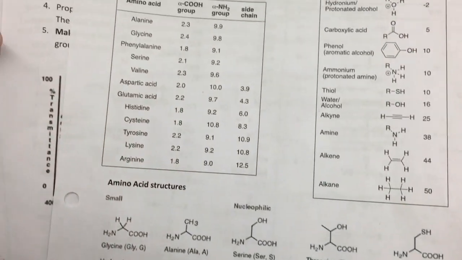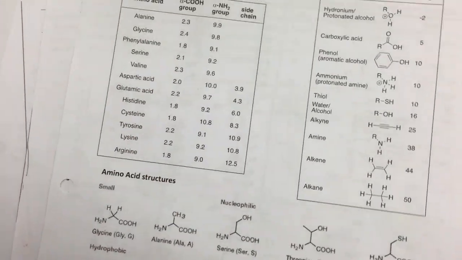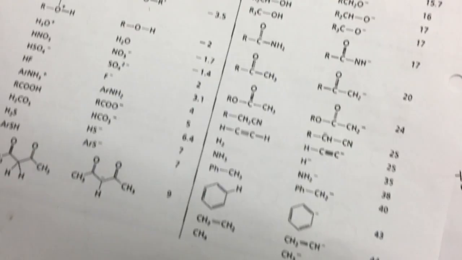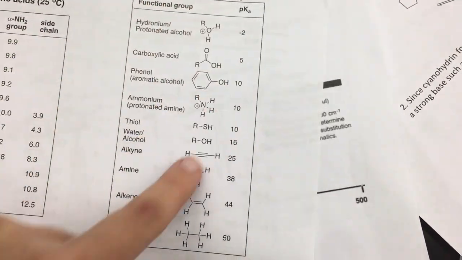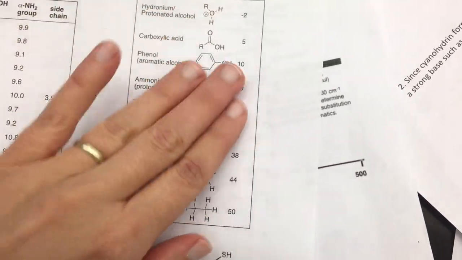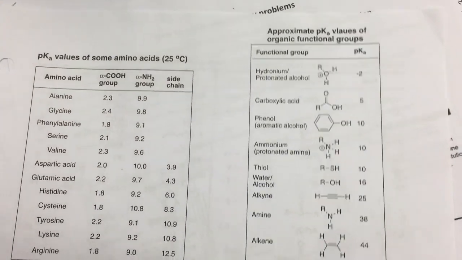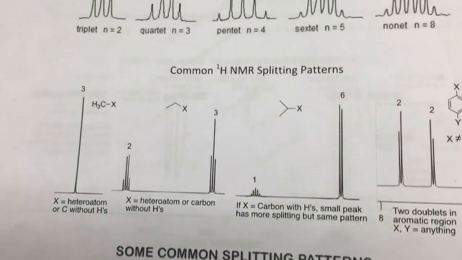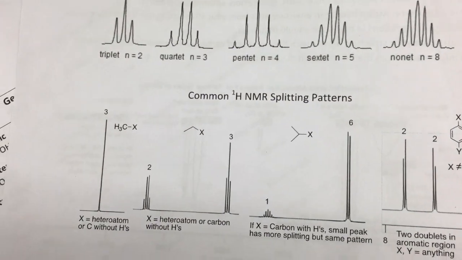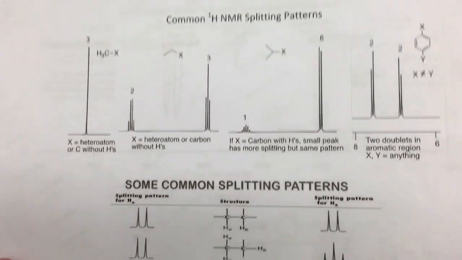So these are the same ones we got in class. Here are the pKa values. There's a front and back with even more pKa values. These should be sufficient for most things you're asked on the exam, so this will probably be the most important part of that reference sheet. Then again, this same spectroscopy sheet, with on the back some cheat answers, like these give you hints as to what is in there based on patterns.